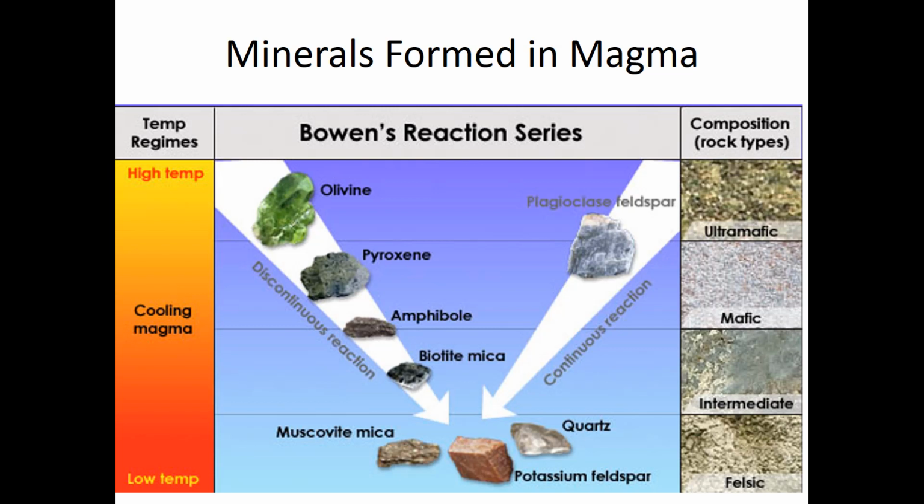Now, we classify these primary silicate minerals from mafic, which is generally, quote-unquote, dark and high temperature, to felsic, which tend to have more silica. We'll explain why this is in subsequent slides.